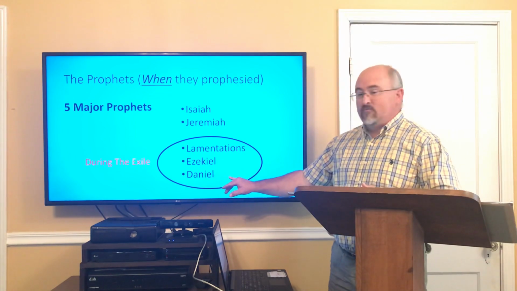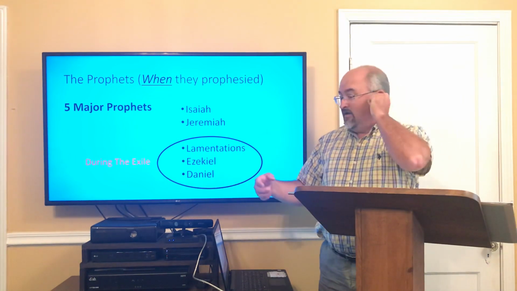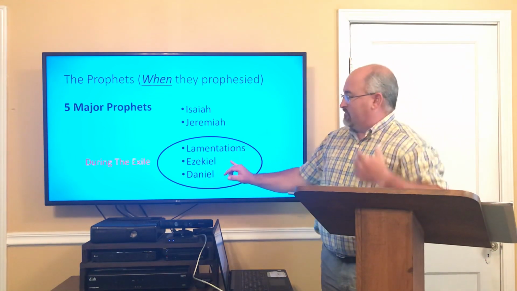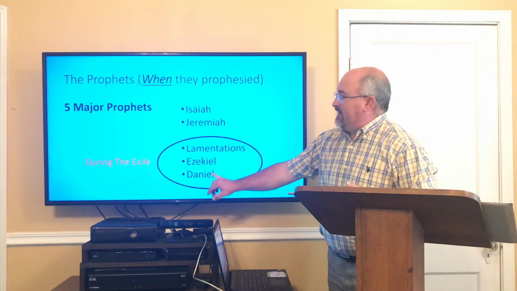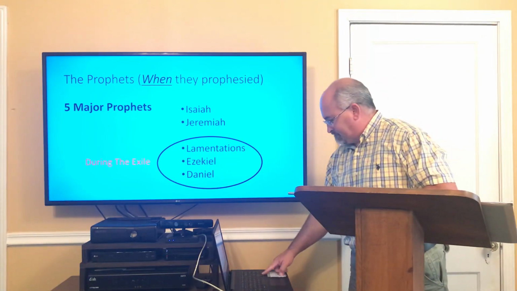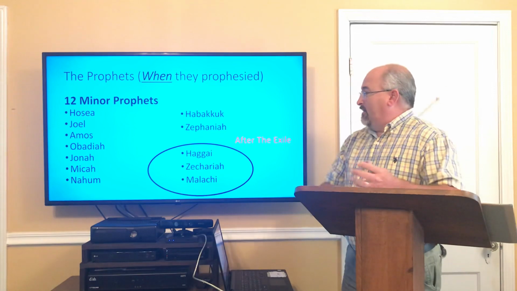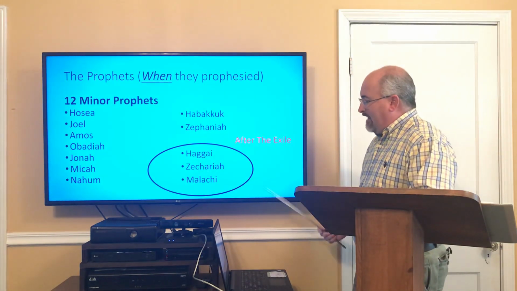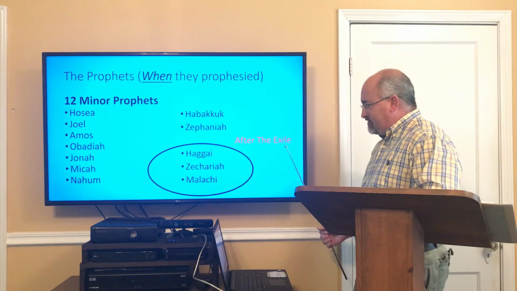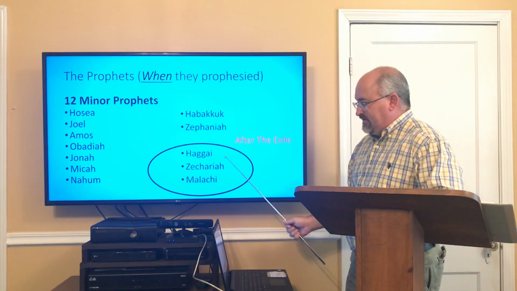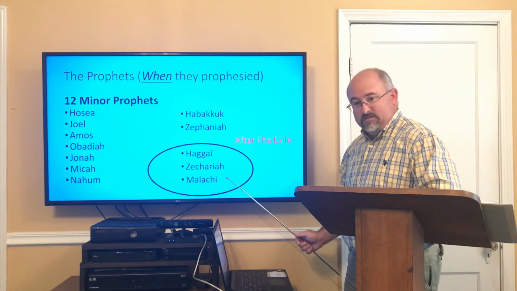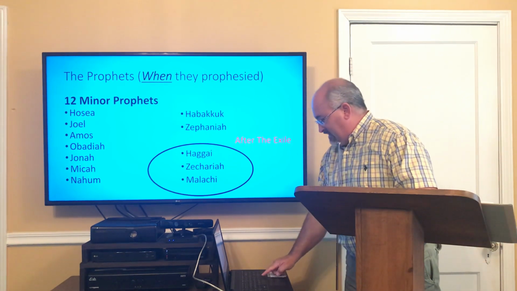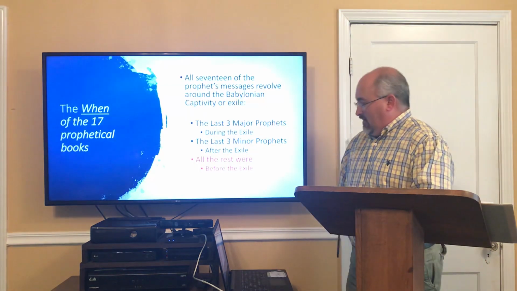Possibly even written while the children of Israel were in Babylon or shortly thereafter. So Lamentations, Ezekiel, Daniel were in Babylon. Haggai, Zechariah, Malachi were after the exile, after the children of Israel had come back to the promised land. Okay, now let's go back to our main slide.